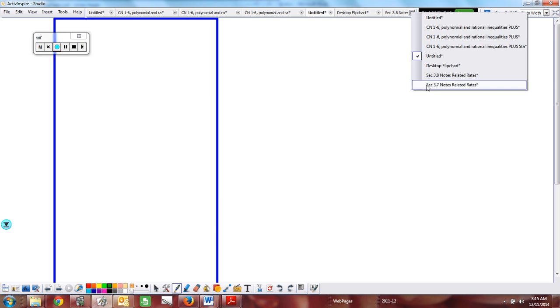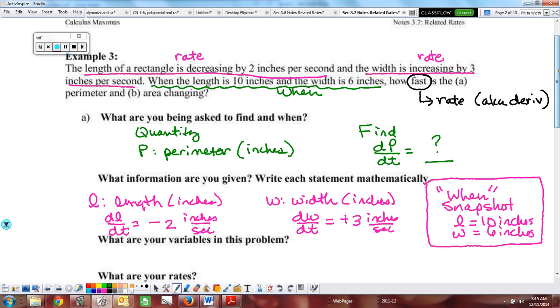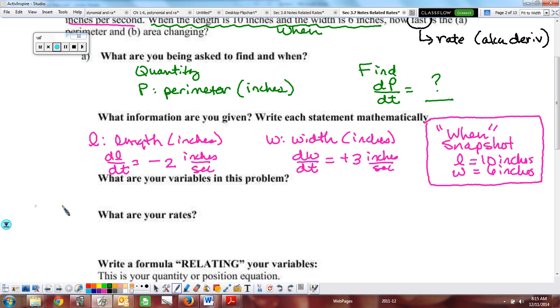So when we draw our first initial picture of this, and I'm identifying my variables in the problem, I'm thinking about the fact that in this rectangle, do not put 10 and 6. Don't do that because that's an instant in time. I want to recognize that through the whole problem, my length and my width are changing over time. And as my length and width are changing, that's causing my perimeter to change.